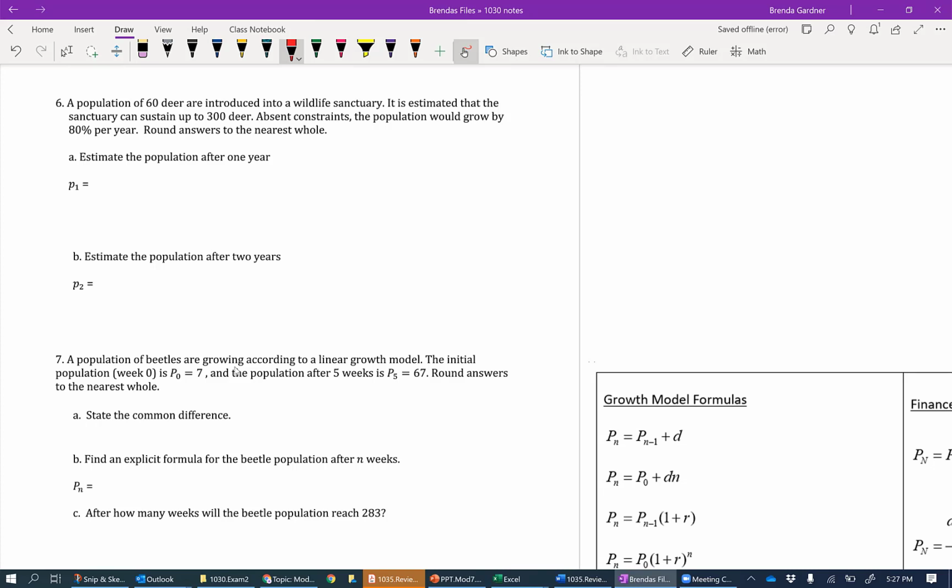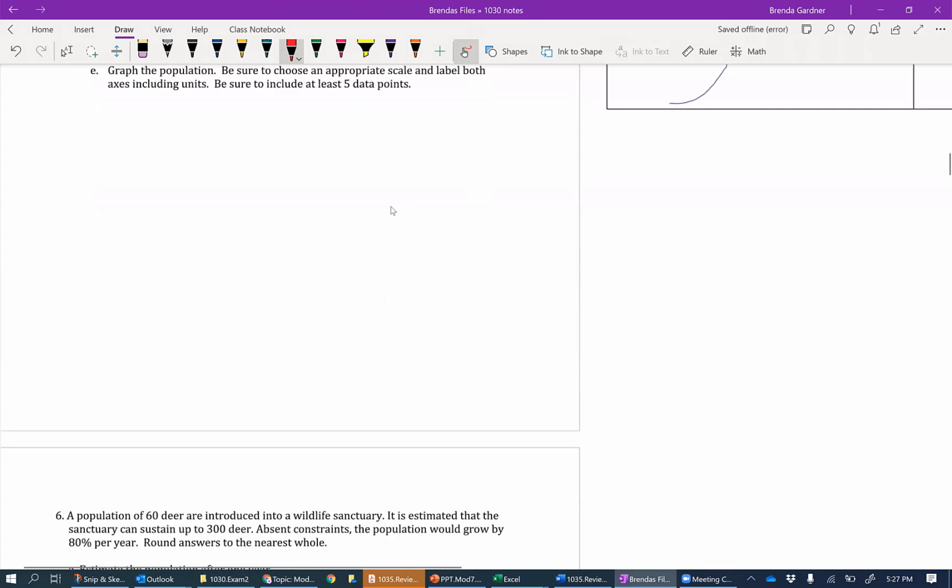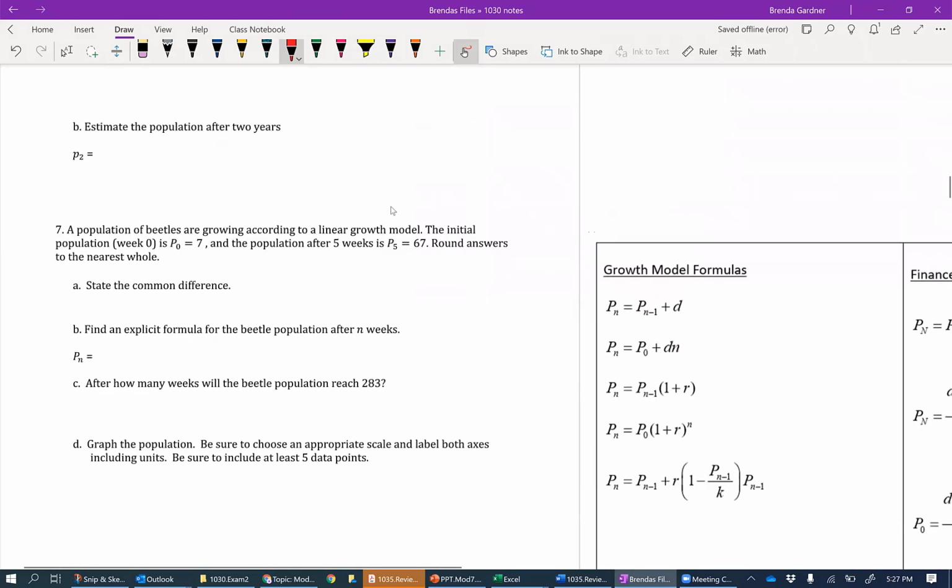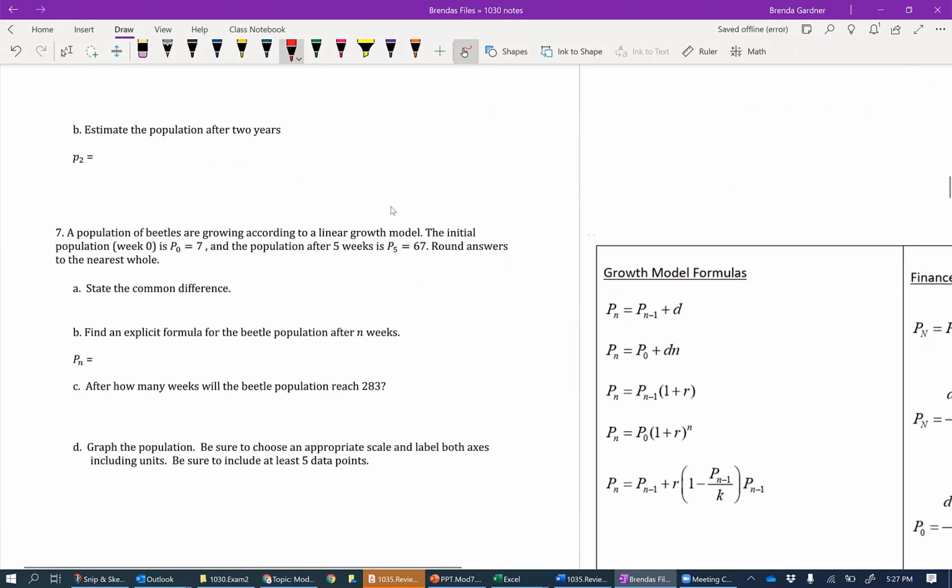If I do a logistic question, it's going to be like this one that I've got. So you would just go to your logistic formula. I've got it in a couple different places here, right?